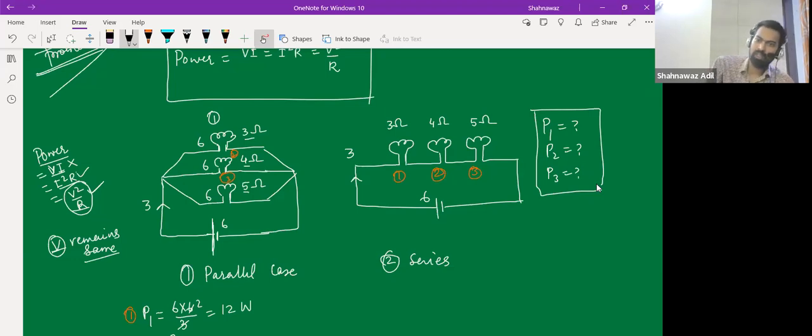I square R. Yes, correct. So we calculate I square into 1.